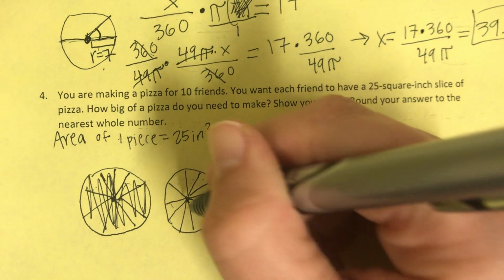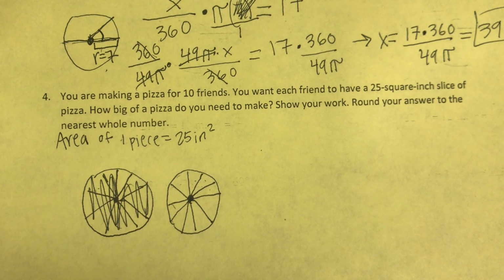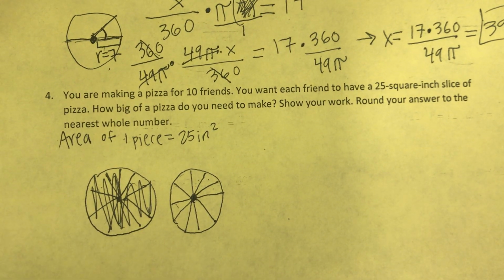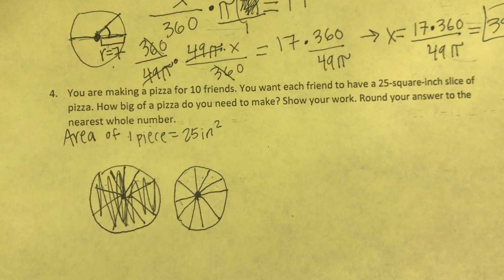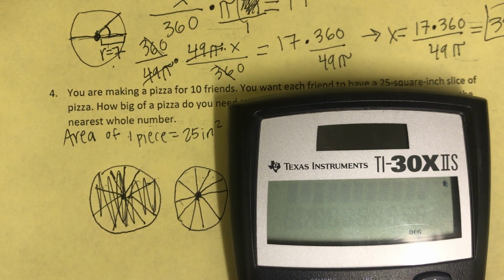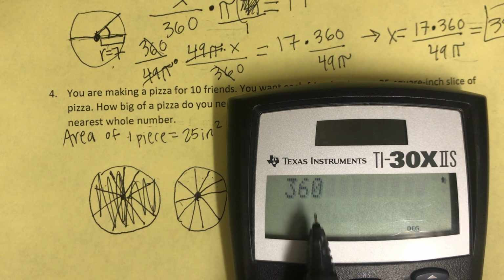There we go. So who remembers how many degrees are in a circle? Hopefully you're all shouting out 360 with enthusiasm. So I have 10 pieces and I know that a circle equals 360 degrees.